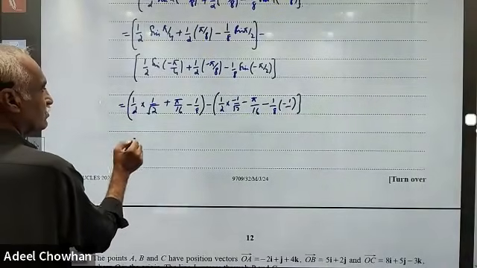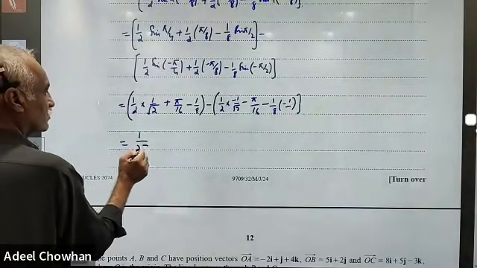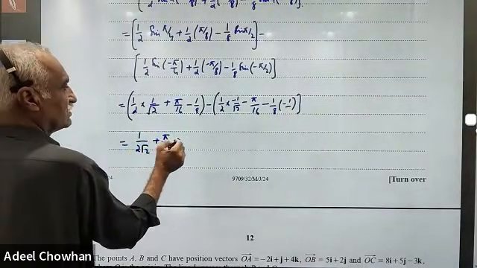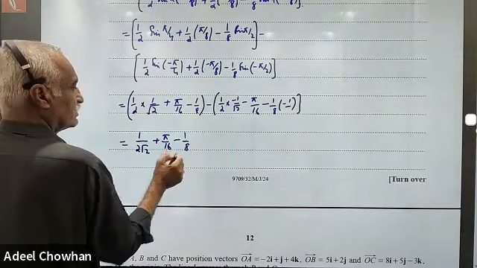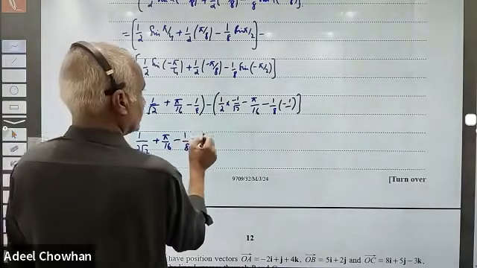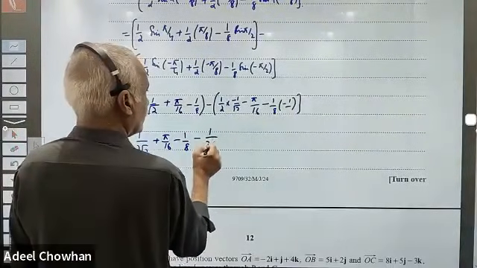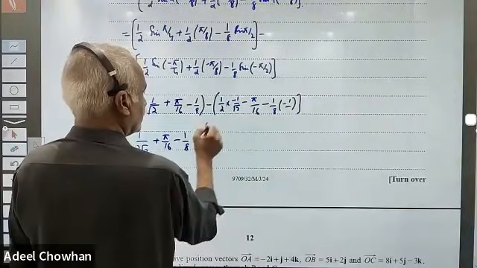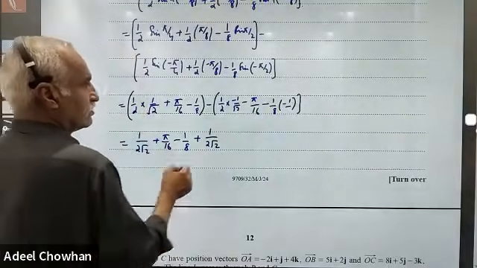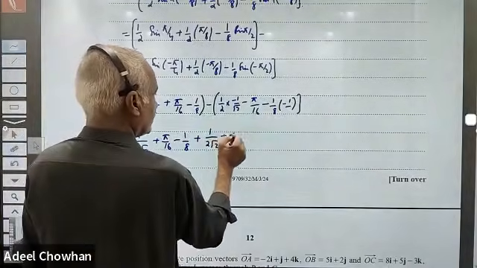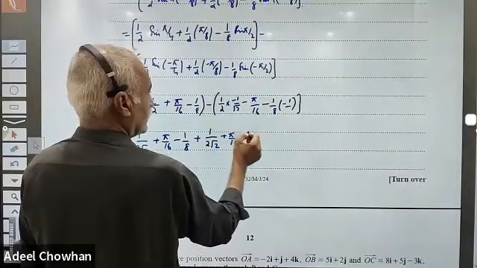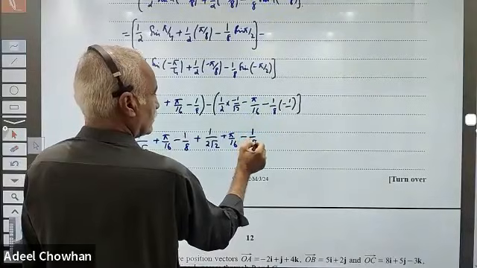So it should be equal to 1 over 2 root 2 plus pi by 16 minus 1 over 8, minus 1 over minus minus plus. So plus 1 over 2 root 2, minus minus plus pi by 16, and this minus minus plus and this minus 1 over 8.